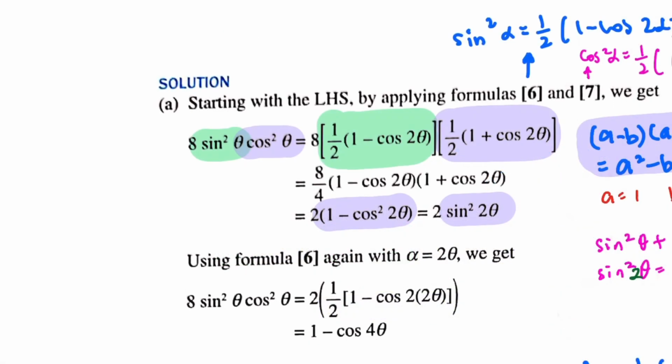So from our formula that we have derived earlier, we know that sine squared theta is equal to half, 1 minus cos 2 theta. So now what do we have? Now we have 2 sine squared 2 theta. So what happened here is you have multiplied 2 towards your angle, sine squared 2 theta.